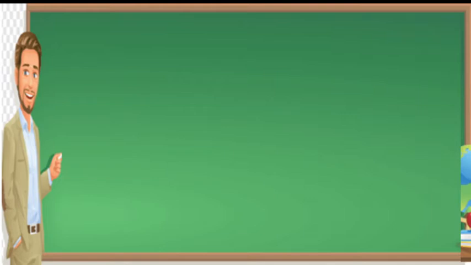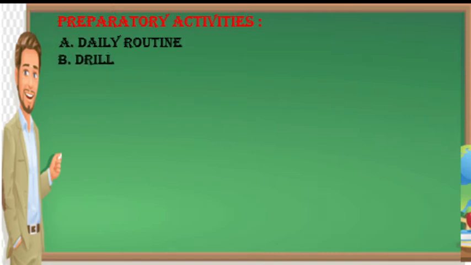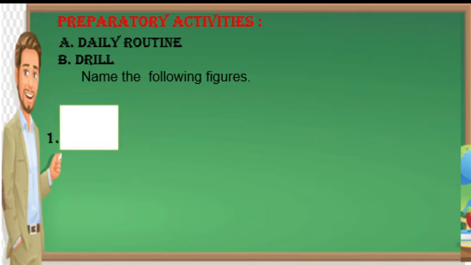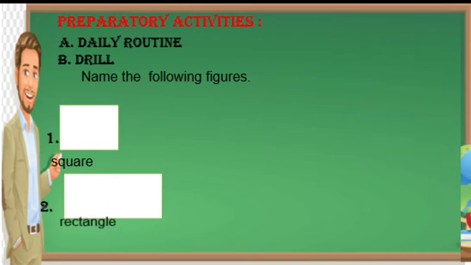For our preparatory activity, of course, there are three: the daily routine, the drill. For our drill, name the following figures. This is the first figure. What is this? This is a square. How about this one? This is a rectangle.